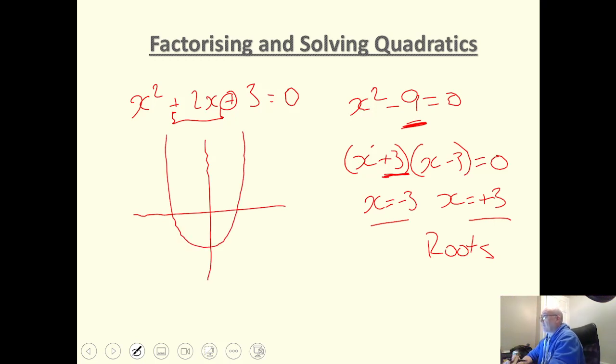So if we've got a graph like that, if it is a positive x squared, it will always be a U-shaped graph. If it is a negative x squared, it will be an N-shaped graph. The solutions that we've just found, let's say this point over here is negative 3, and this point over here is positive 3.